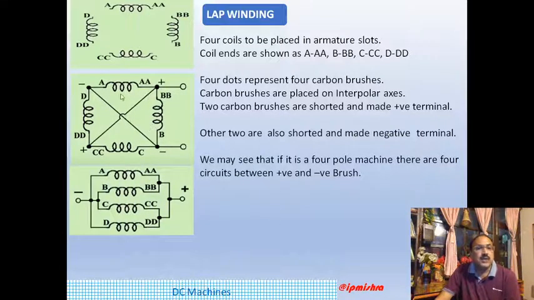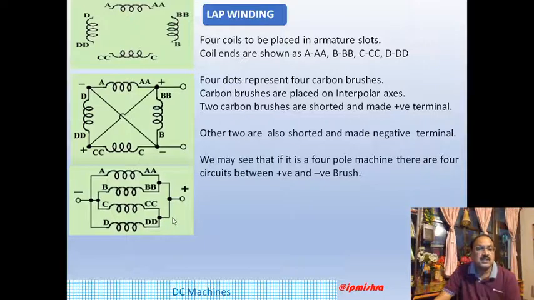Now the equivalent circuit of the second circuit is made in the third figure. There are three figures. The second circuit has been simplified in the third to show you how these four coils are connected. See, at the right-hand side there is a positive brush, at the left-hand side there is a negative brush, and all these four coils are between the positive and negative brushes.